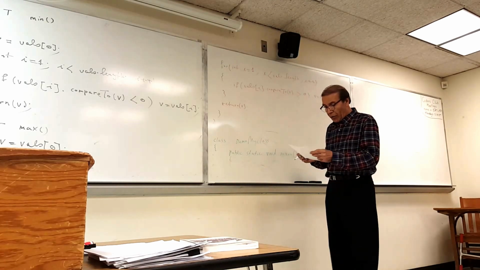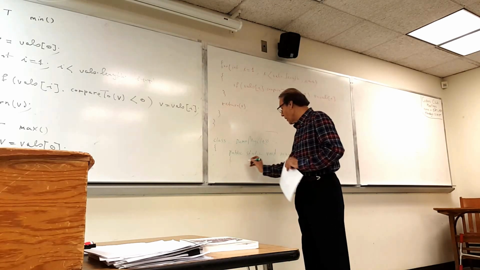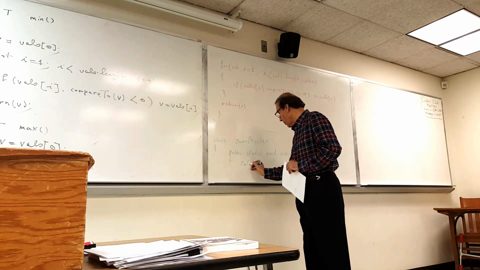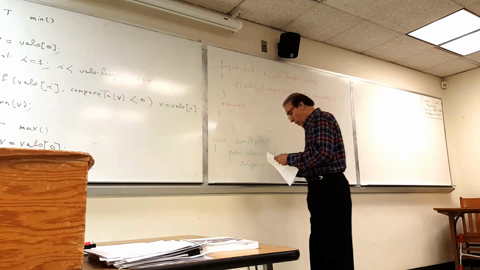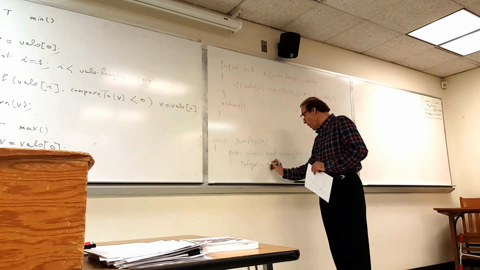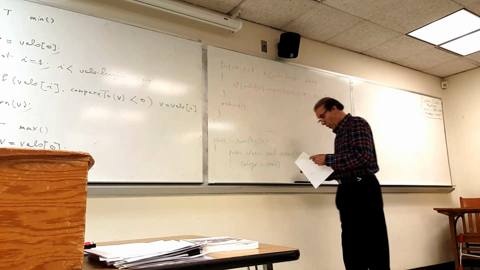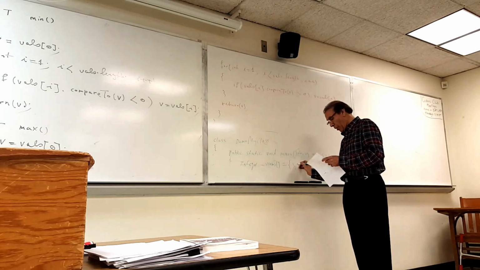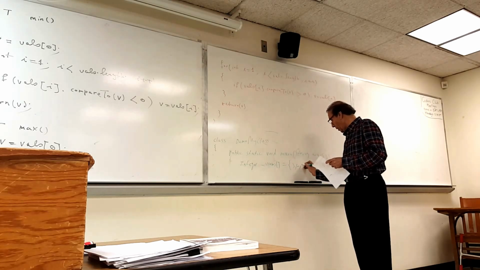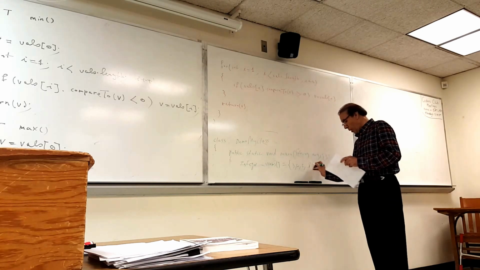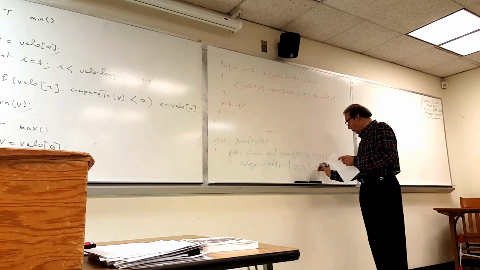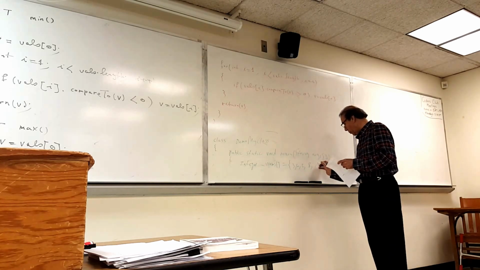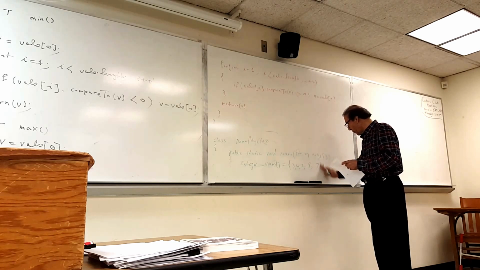Let's create a couple of arrays. Integer nums stands for array of numbers: 3, 6, 2, 8, for example, 7, whatever it is.